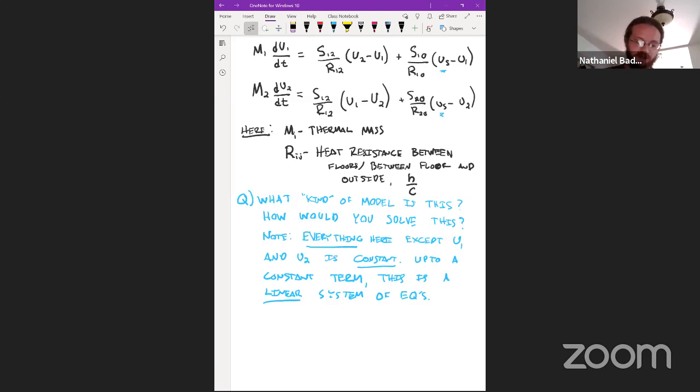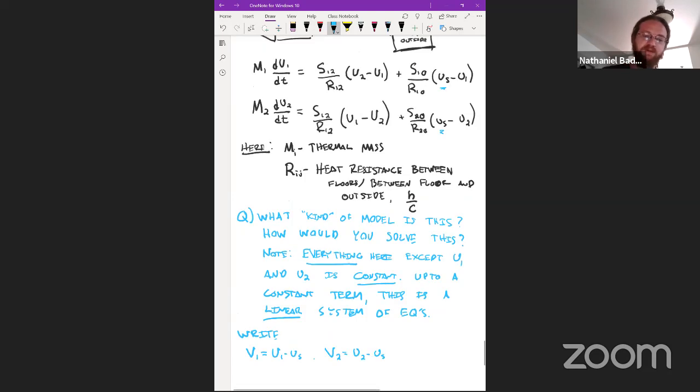And so what we can do is write V1 equal to U1 minus U_S, which again, U_S is constant, and write V2 equal to U2 minus U_S.